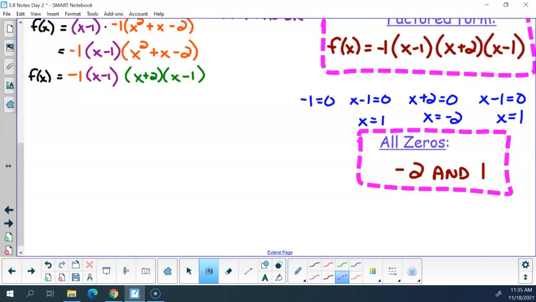Okay. Now, next one is a sketch. I know that I go through negative 2, and I know that I hit negative 1, right? But my original function was negative x cubed, right? So that means what, Savannah?